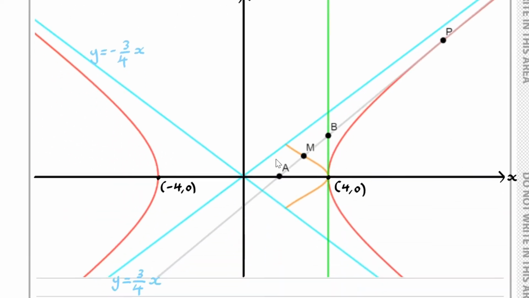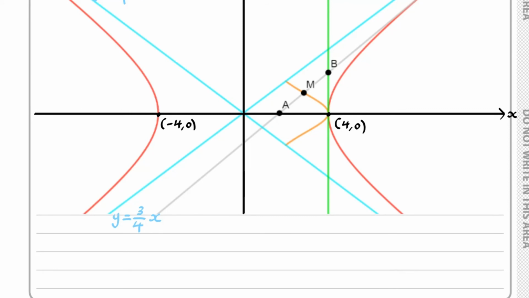Okay, so having drawn that, let's just move all this a tiny bit up. So here we have the equation y equals 3/4 x. We begin, of course, with our equation x squared over 16 minus y squared over 9 equals 1. We'll call this equation 1.